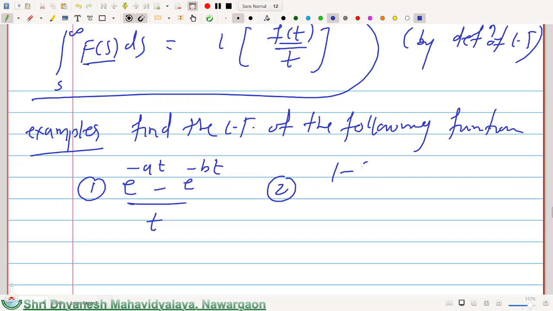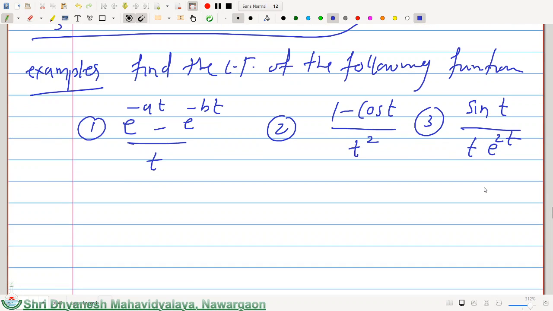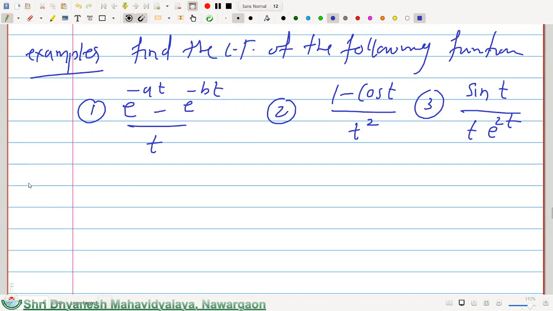Number 2, 1 minus cos t upon t square. And number 3, sin t upon t into e to the power 2t. Let us start with number 1.